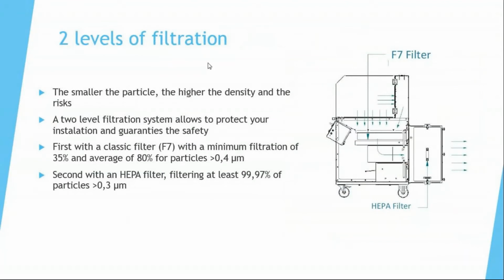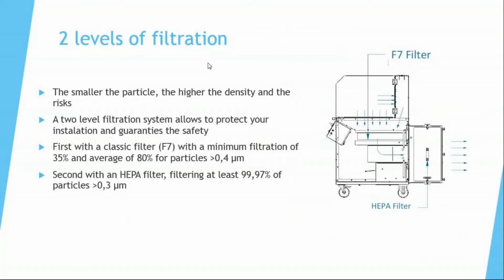We will see another really big advantage of the Downdraft tables compared to other systems: the two levels of filtration that it has. So there are two filters, one more generic and one more specific, to ensure that the air going out of the machine is free of contaminants.